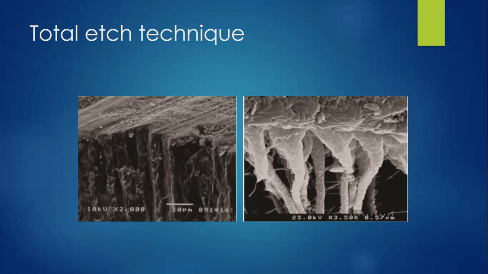2-step systems contain a higher percentage of hydrophilic monomers and act as a semi-permeable membrane after polymerization. And when we have a nano leakage pattern, it will lead to chemical degradation due to water sorption of the polymer, and hydrolytic and enzymatic degradation of the unprotected collagen by MMPs like metalloproteinases.